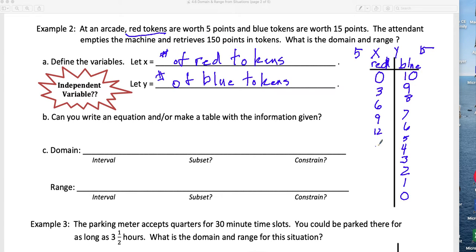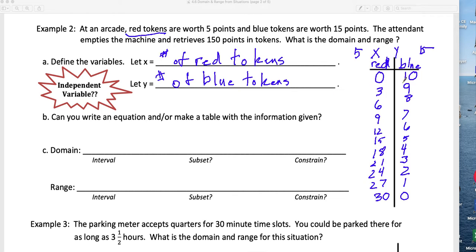Let's fill this out. So I've got a pattern where I'm increasing by threes: 15, 18, 21, 24, 27, and 30. All right, so one more time. This got really complicated, but let's see.